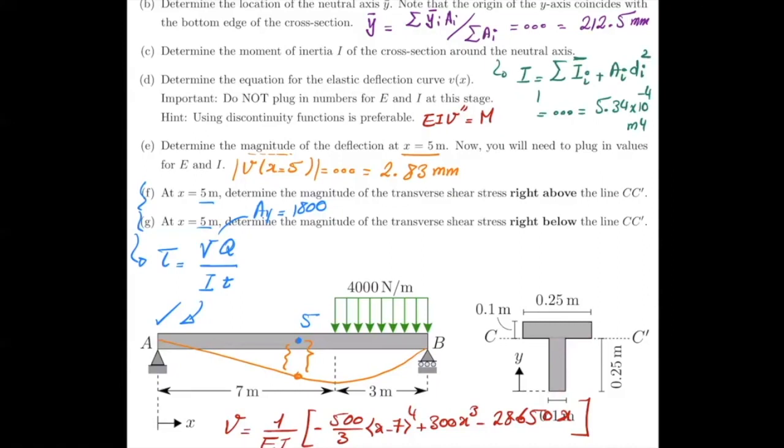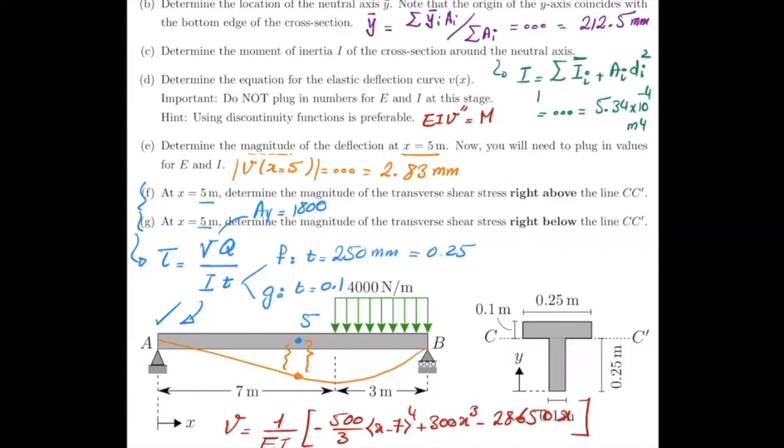Okay, so that is the only difference basically here. For part F, thickness would be 250 millimeters or 0.25 meters. For part G, t is 0.1 meters.